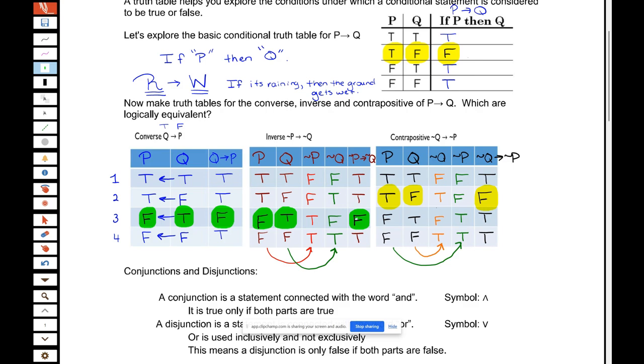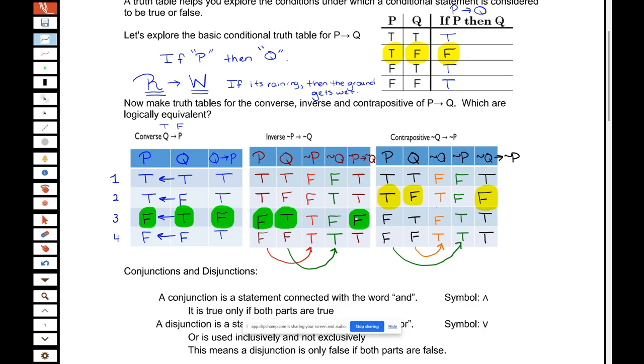The only reason they're on the same row this time is because I purposely did all my tables with the variables starting the same way. If we had mixed it up a little bit, then it would have occurred on a different row, but it still would have tracked back to a false and a true, matching a false and a true. That helps us show that they are logically equivalent.